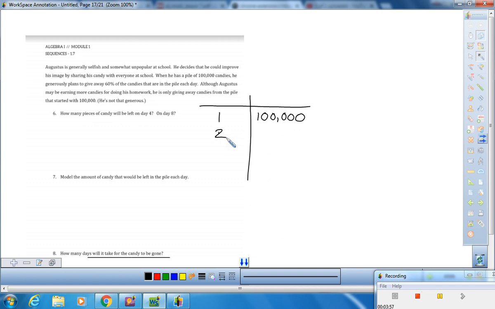So on day 2, he's going to keep 40% of them, and that's going to be 40,000. So 0.40 times 100,000 gets you to 40,000. Now we're going to take that and multiply it by 0.4. And on day 3, you'll see that he has 16,000. Multiply that by 0.4.